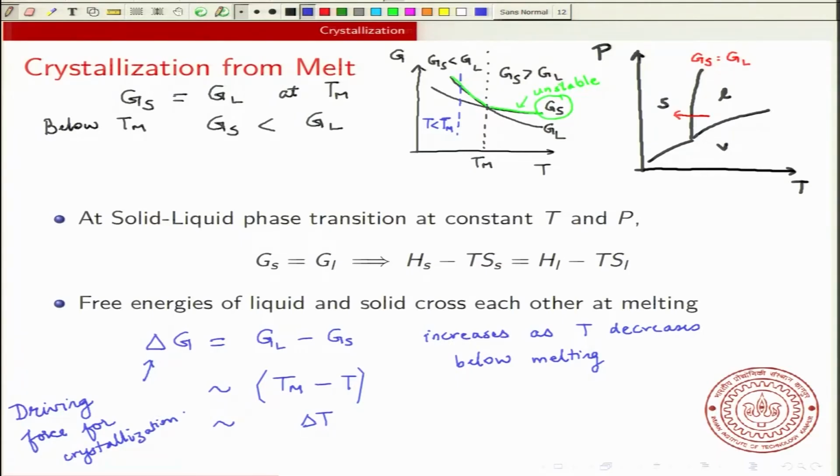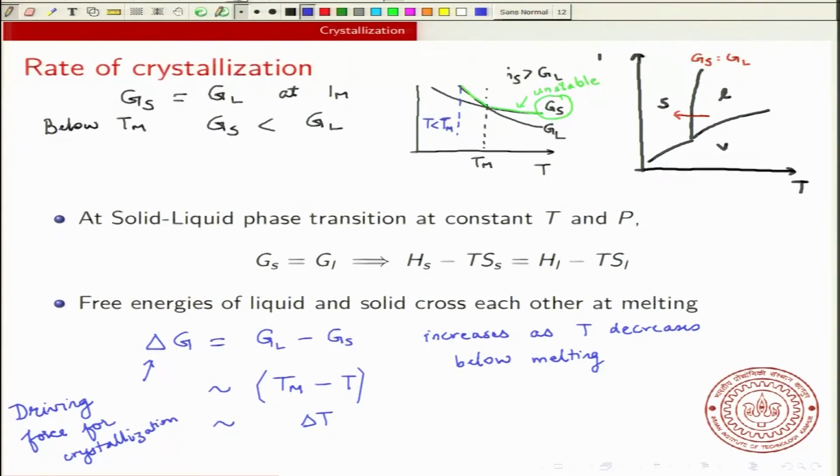In other words, the reason the material crystallizes when you are below this temperature is because delta G is greater than 0, and so if you want to imagine how fast it is crystallizing, you could easily imagine that there is a quantity like delta G which tells you how much lower than the melting point you are, and that tells you how fast it will crystallize.